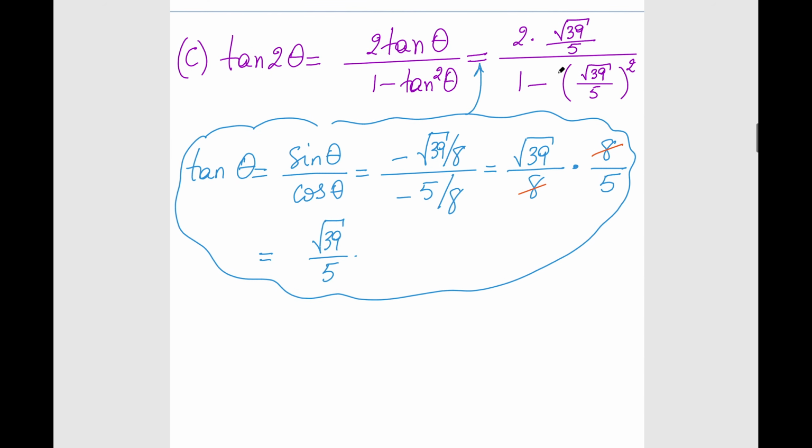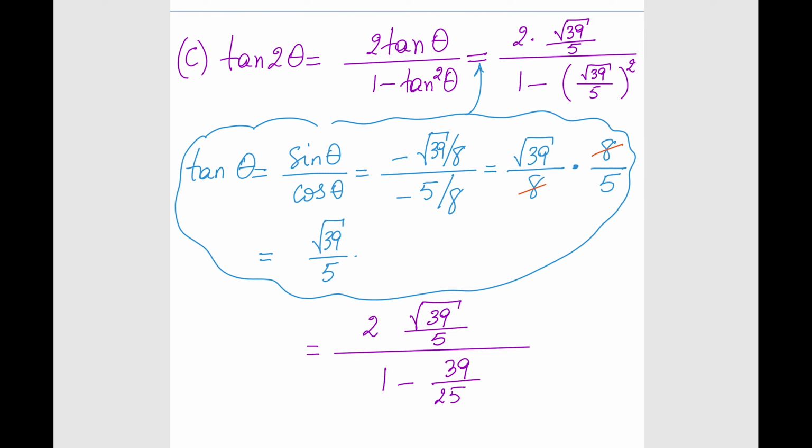So we get this. Alright, and if you want to simplify it, again, for the purpose of our course, you don't need to simplify. This is as good as anything else. But if you insist to do so, we get 2 times square root of 39 divided by 5, and downstairs I have 1 minus, what's the square of the square root of 39? It's 39 divided by the square of 5, which is simply 25, sorry.